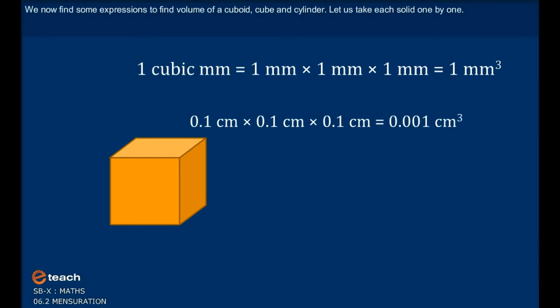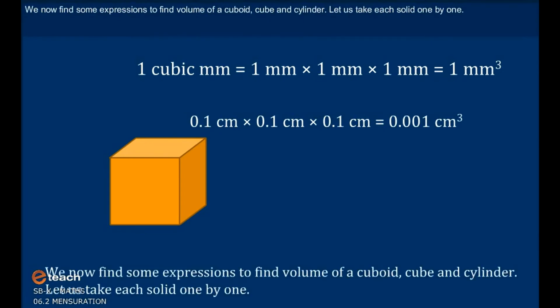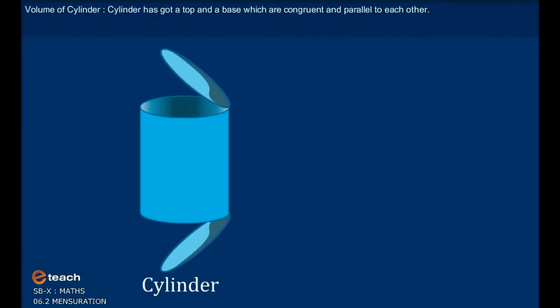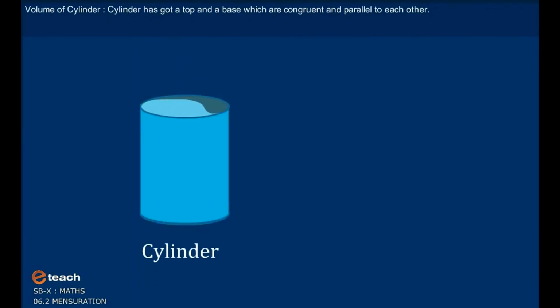We now find some expressions to find the volume of a cuboid, cube and cylinder. Let us take each solid one by one. First, volume of cylinder. A cylinder has a top and a base which are congruent and parallel to each other.